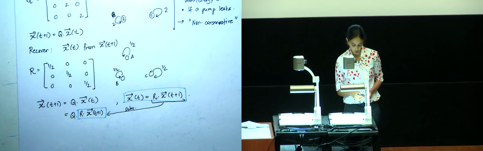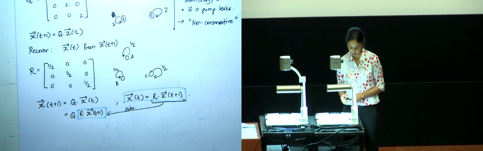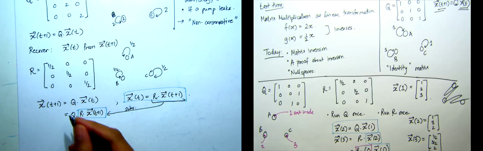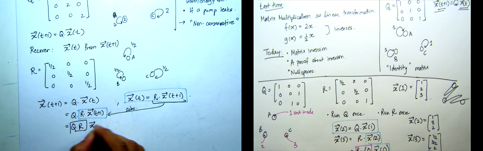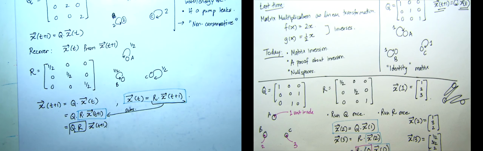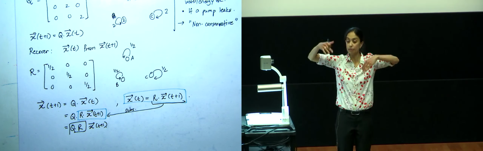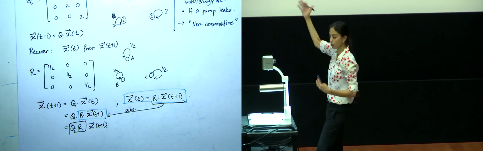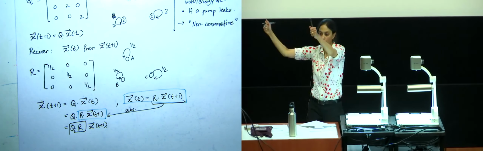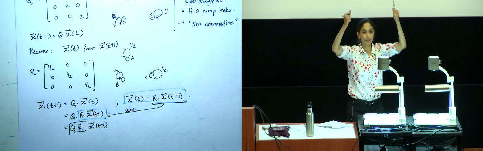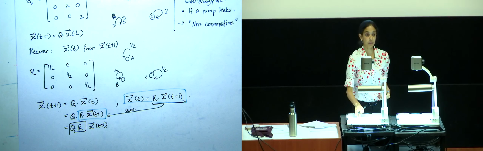But now, what do we have? We have basically q times r times x of t plus 1. And if q times r is a joint pump that gives me back the original state, if I keep running qr, qr, qr, qr, what is the pump that this is actually representing? The identity pump, right?